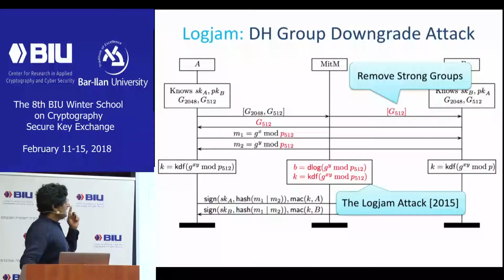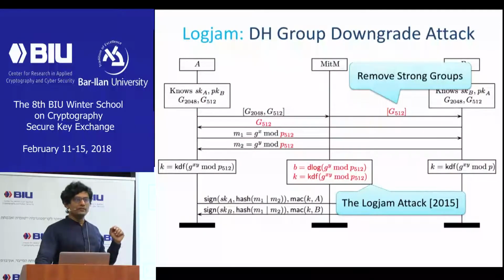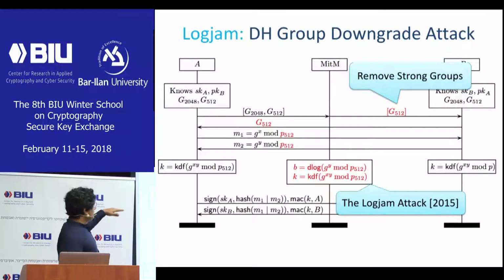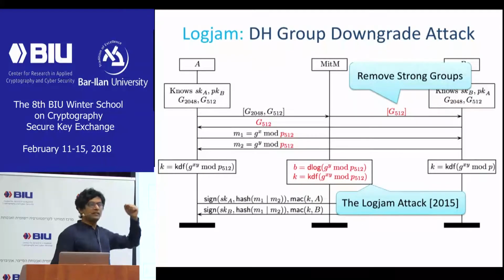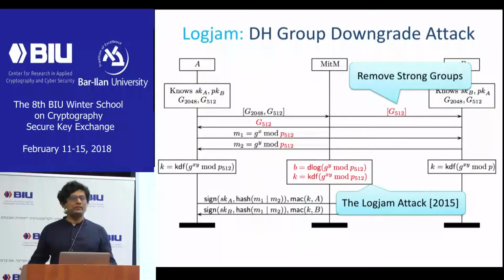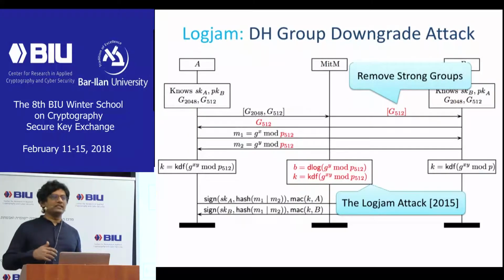The problem is that there is a downgrade attack that is possible from the attacker. The attacker sees that the client supports both the strong group and the weak group, and he deletes the strong group from the first message. So when Bob receives this message, he thinks, maybe Alice only supports the weak group, a legacy client.